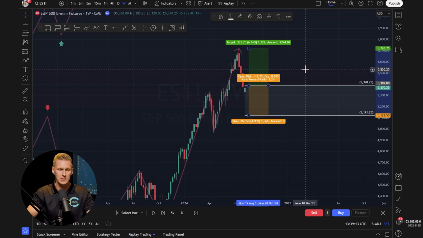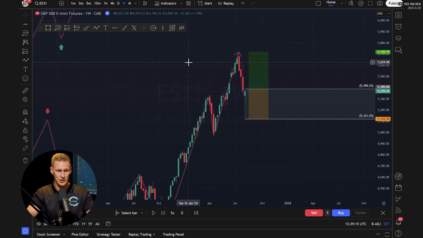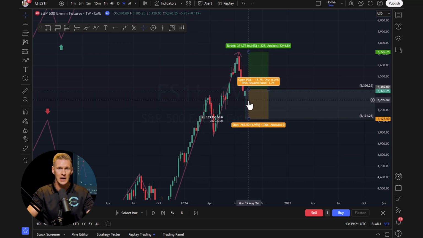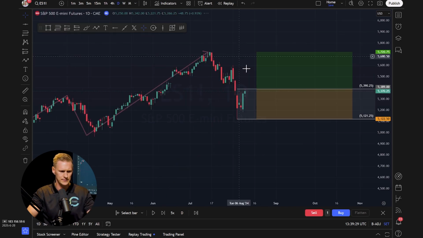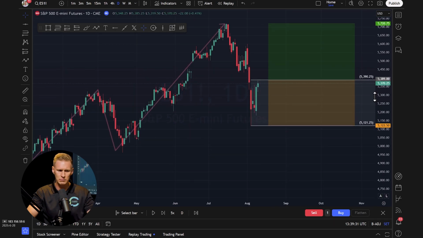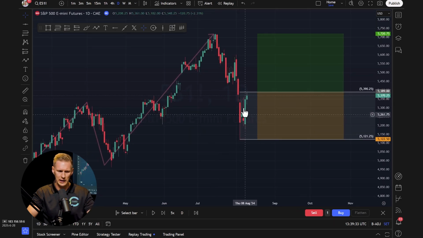Zone refinement, okay? For that, we have to go into a lower time frame to identify, in this case, high quality demand, right? To decrease our zone size and increase our profit margin. Let's go to daily. And on daily, it looks already okay, right?